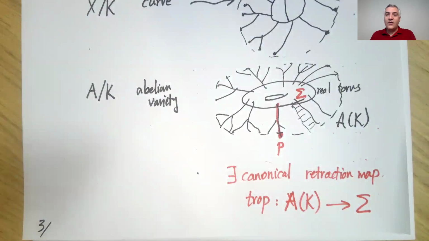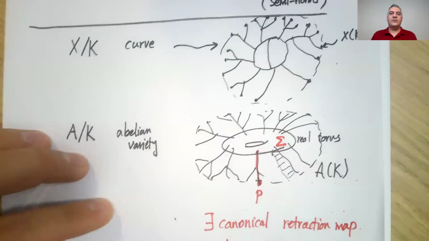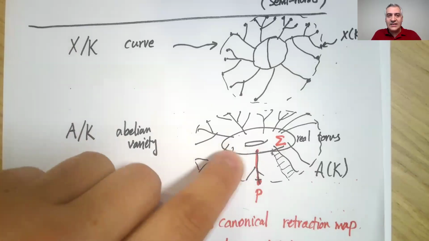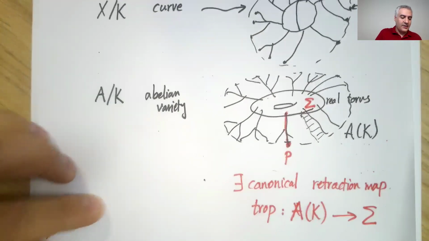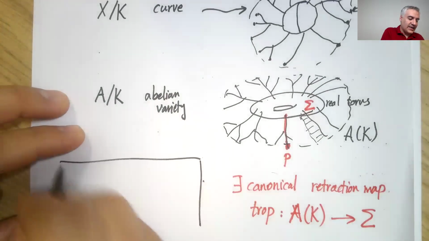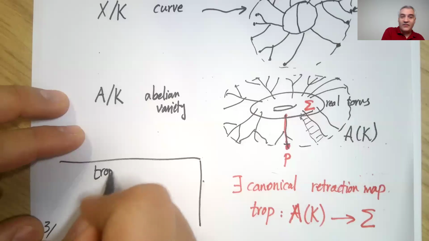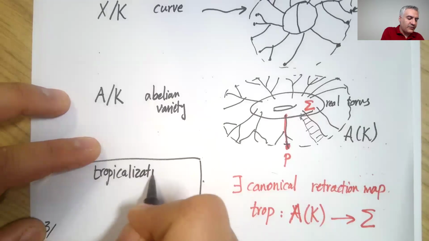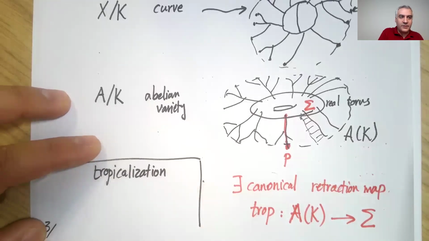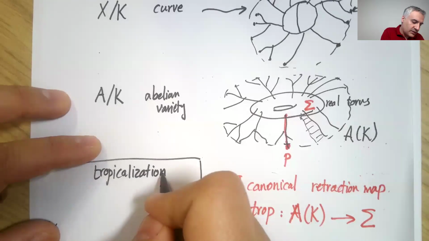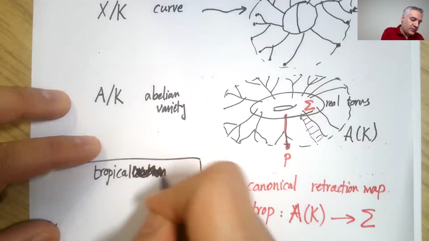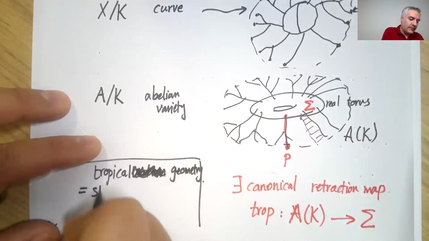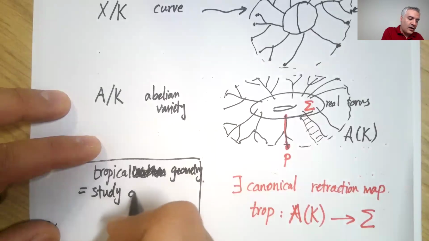And in fact, one way to define tropical geometry, at least for the case of, say, abelian varieties and curves, is just the study of skeleta of Berkovich spaces. So I hope nobody gets offended by saying that tropicalization can be defined. There are various ways of defining it, and different people have different favorite ways of thinking about tropicalization. But for the purpose of this talk, tropical geometry, this is one definition, is the study of the skeleton.